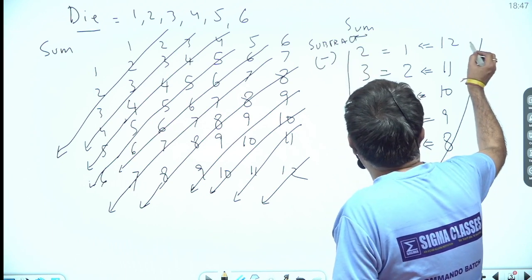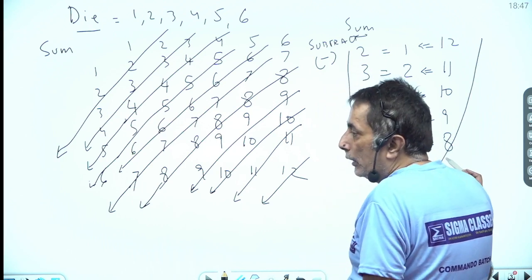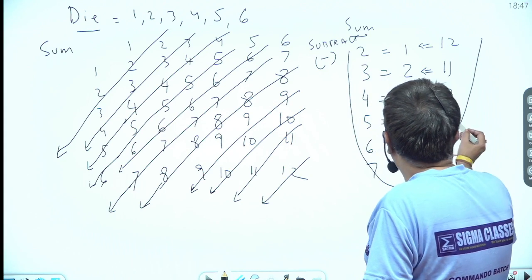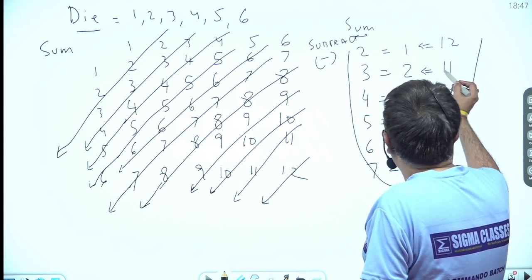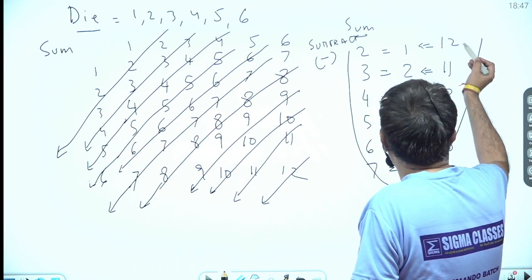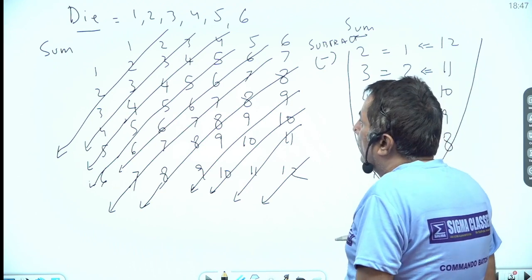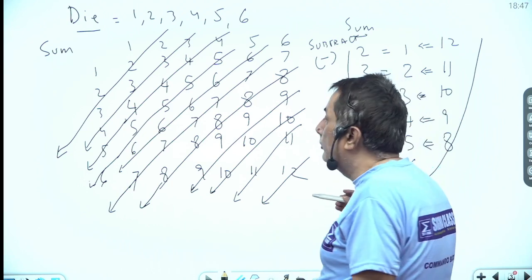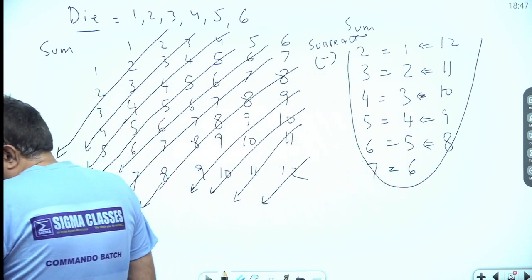And as far as these numbers are concerned, you can easily see the correlation which is there. 8, 5, 9, 4, 10, 3, 11 twice, and 12, 1. So this is as far as the sum when 2 dice are thrown.